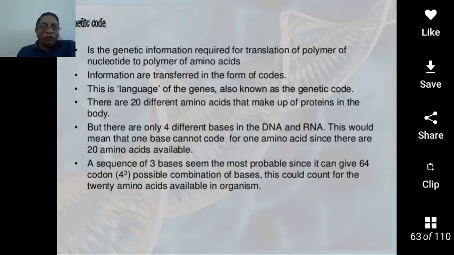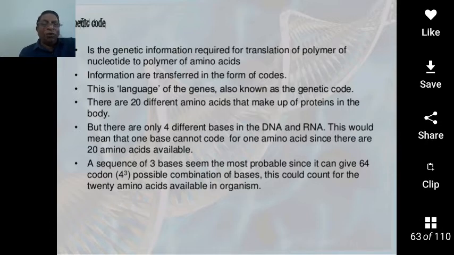A sequence of 3 bases on DNA is called code. Clearly note down. A sequence of 3 bases on DNA is called code. You imagine if one base codes for one amino acid at a time, 4 bases can code only 4 amino acids. It is not possible to form genetic code.